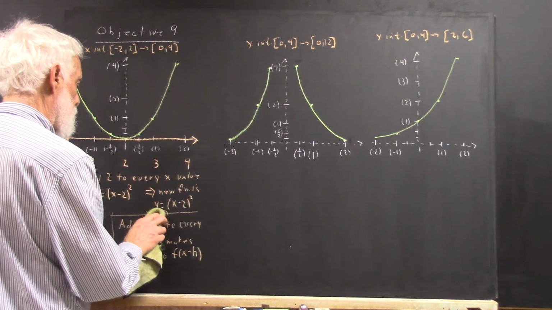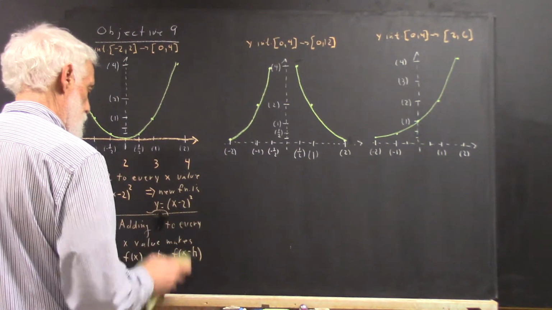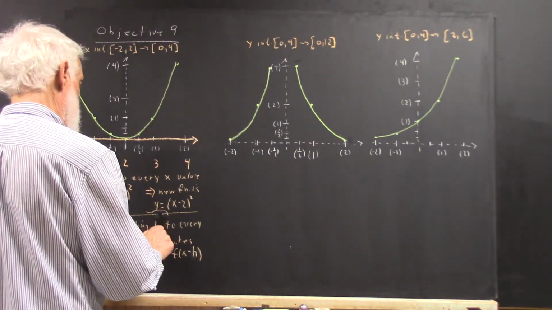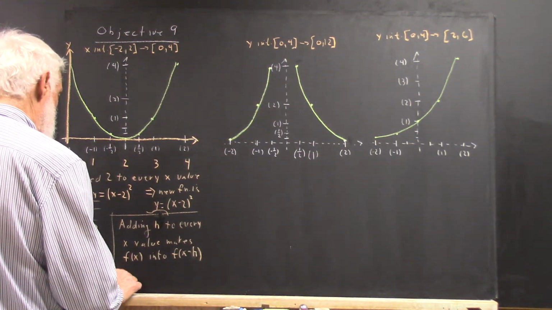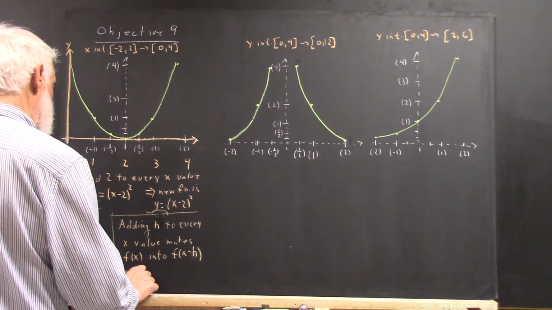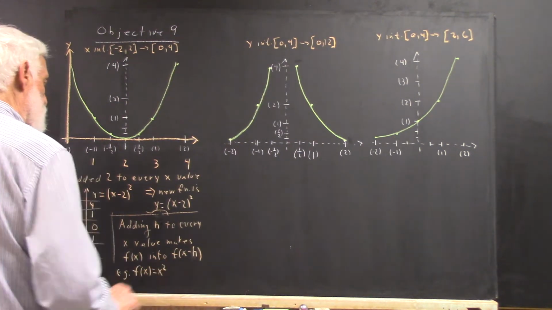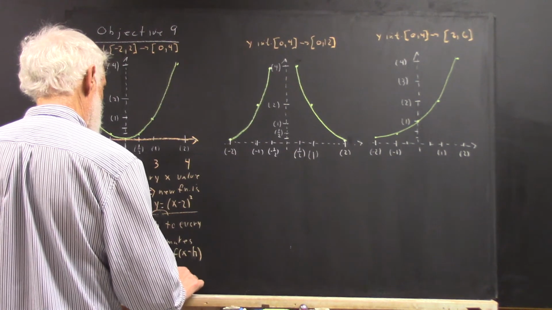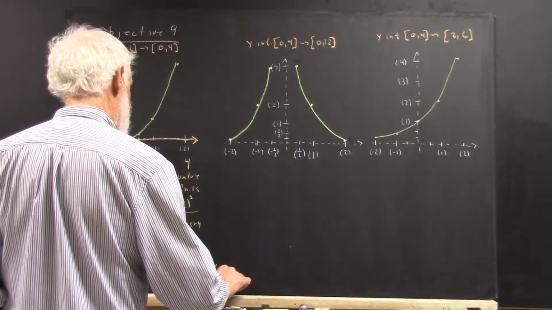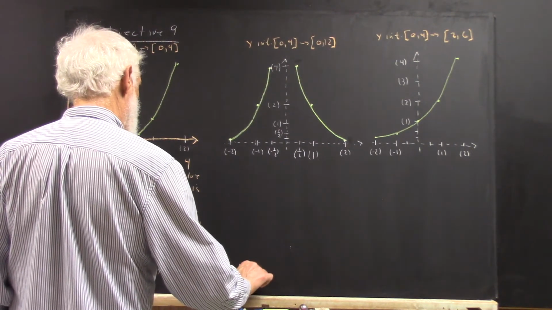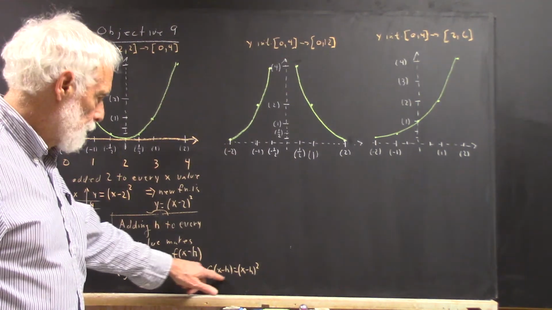In this case, and let me just go ahead and do this. For example, f of x equals x squared becomes f of x minus h.